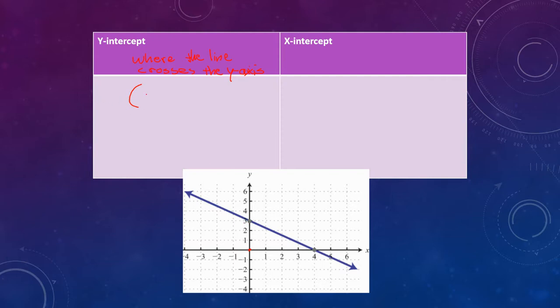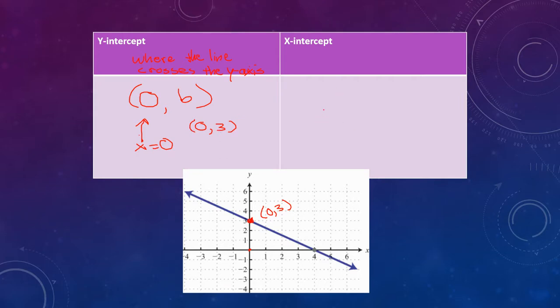So the x value is always 0 at a y-intercept. So x is 0 at the y-intercept. And then whatever number where your line crosses, that's the y-intercept. We could just put b here, because whatever b is, whether it's positive or negative, will be the y-intercept. On this graph, it's at 0, 3. So 0, 3 would be an example of y-intercept.